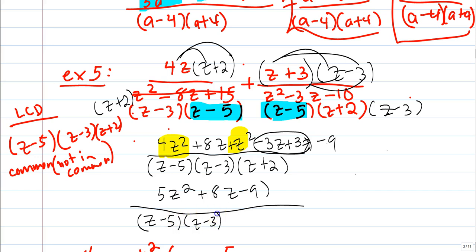Are we all done? Maybe. We have to check, does this factor on the top? Well, this would be an AC, so let's go ahead and see. 5 times negative 9. Something that multiplies to make 45 combines to make 8. 1 and 45, nope. 3 and 15, nope. 5 and 9, 6, 7.